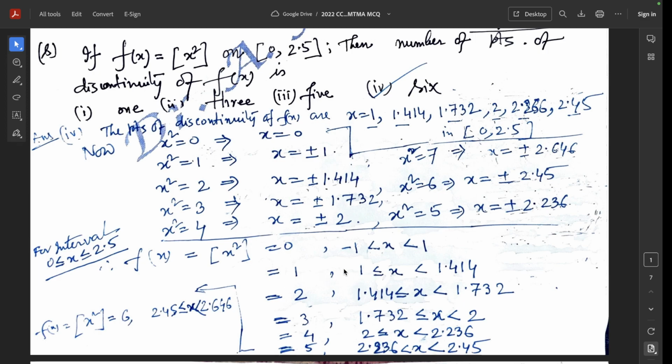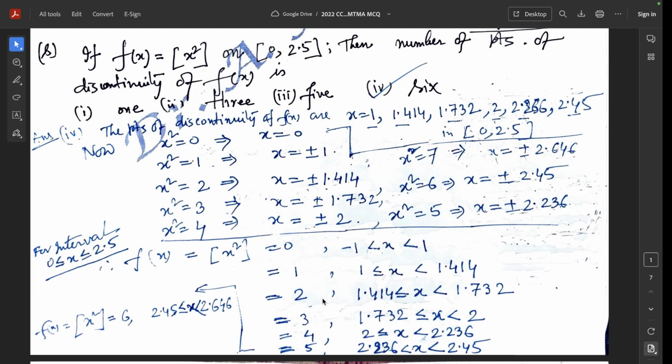Also you can get box x square equal to 1 for minus 1.414 less than x less than or equal to minus 1 in this interval, and box x square equal to 2 when 1.414 less than or equal to x less than 1.732, because x square equal to 3, x equal to 1.732.